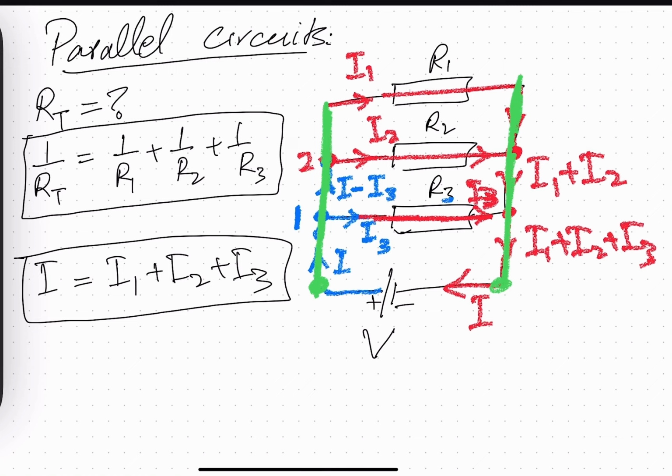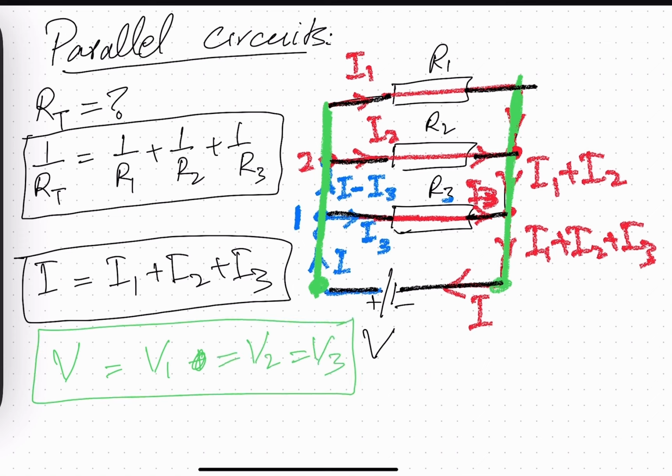The battery is attached here, R3 is also attached there, R2 is also attached there, and R1 is also attached there. So they are all attached with the same terminals. When they are attached with the same terminals, they will have the same potential difference, the same voltage. So we can say that total voltage is equal to V1, which is equal to V2, which is equal to V3. So they all have the same voltage.